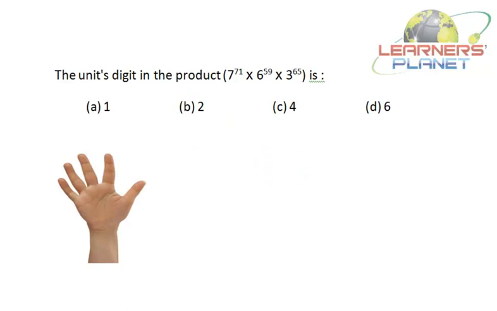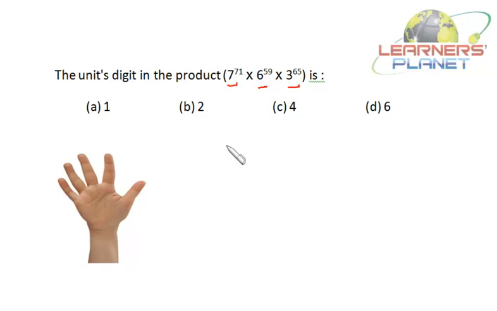Now let's try this problem. In this case, we have to calculate the unit digit of 7 raised to 71 and 6 raised to 59 and 3 raised to 65 as well. So let's begin with 7 raised to 71. Now 7 maintains the cyclicity of 4. So the last number below 71 which will be divisible by 4 is 68.